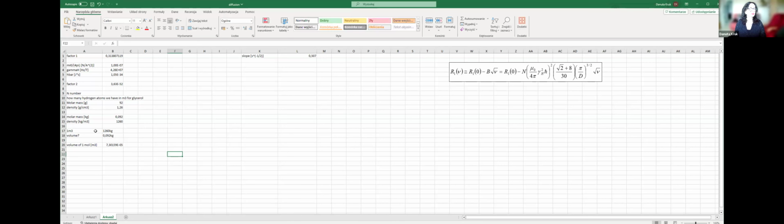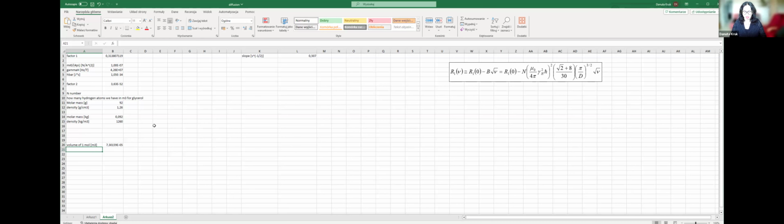I make a simple proportion. 1 cubic meter includes this amount of kilograms. So what will be the volume of 1 mole? Yeah? So the volume of 1 mole is like that. Then I have to think next.